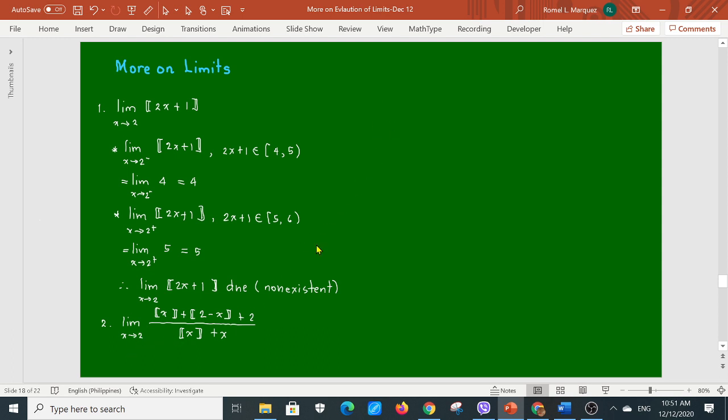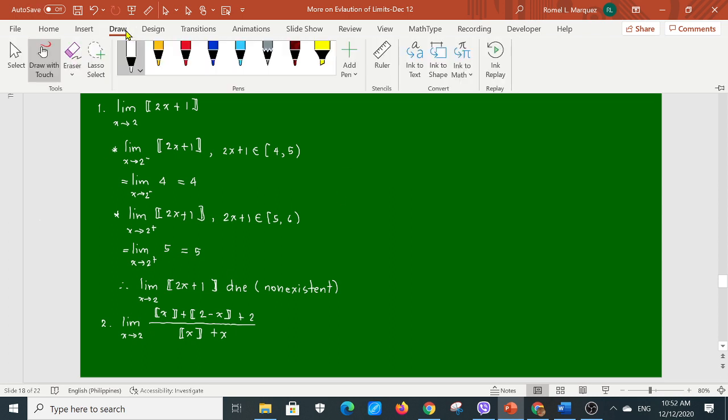If you have the greatest integer, you always check the limit from the left and the limit from the right. So from the left, we have the limit as x approaches 2 from the left of this quotient. Let us just copy that.